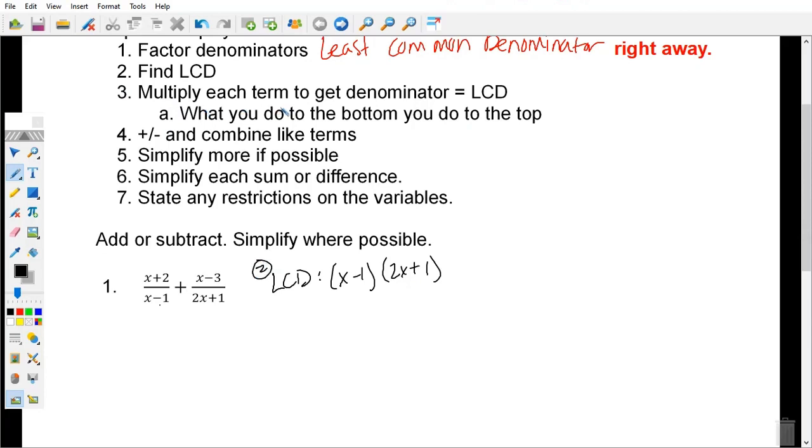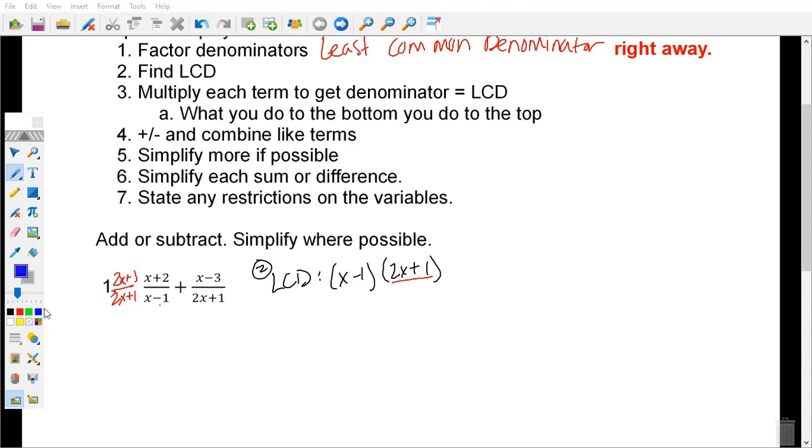Step three says to multiply each term to get the denominator. So when you're looking at the first fraction, you're asking, well, I already have x minus 1, but I don't have 2x plus 1. Does that make sense? So I'm going to be multiplying the first fraction times 2x plus 1 over 2x plus 1. Okay? I'm going to write it bigger and better in a second, but that's what it's saying.